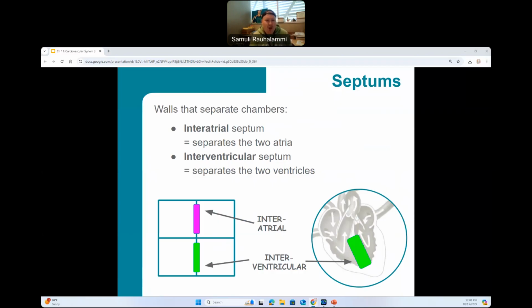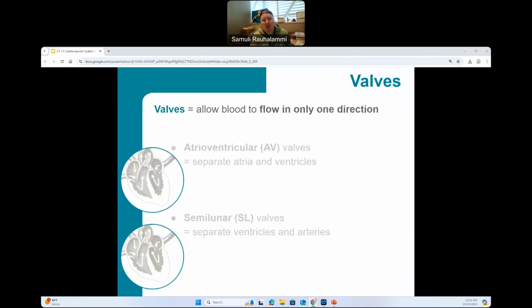So what I wanted to do next was to have a look at those heart valves that we already made a jump start of discussing, but let's unbundle those a little bit more. When we think about valves, we're talking about these structures that facilitate unidirectional flow of blood.